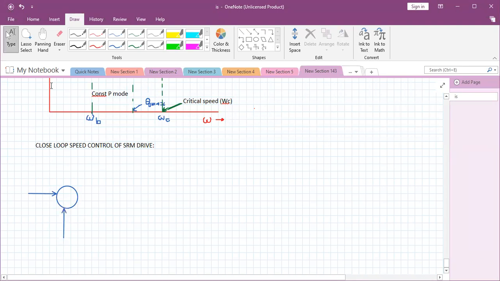I'm giving the name omega r to the reference speed, and the actual speed I will denote only by omega. This is my summing point, or comparator.